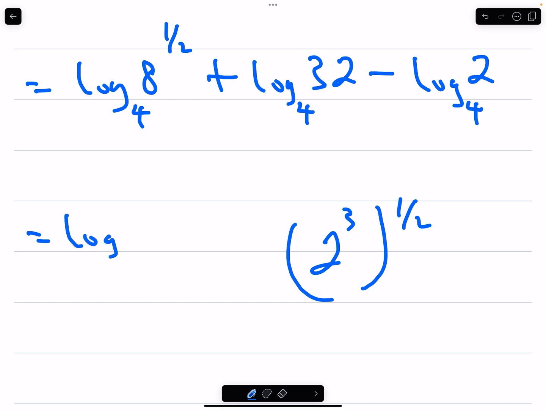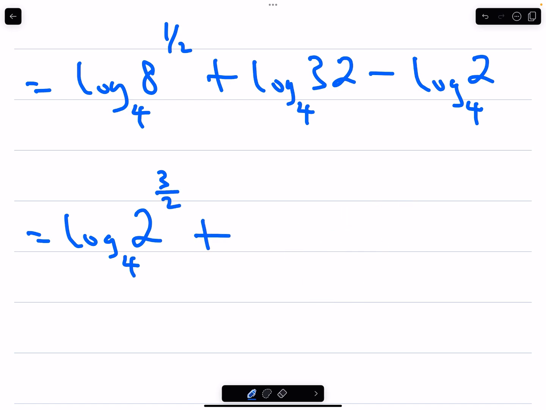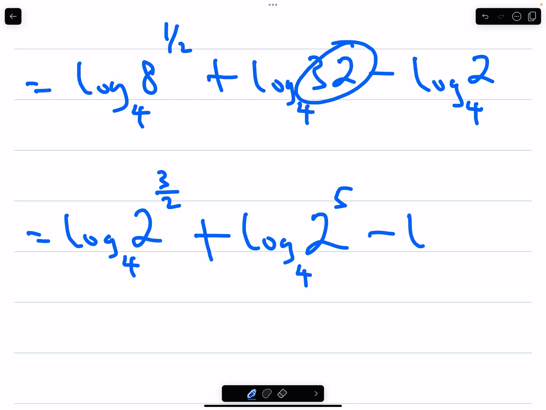So log 8 raised to the power half base 4 will now be log 2 raised to the power 3 over 2 base 4, and log 32 is 2 raised to the power 5, log 2 raised to the power 5 base 4 minus log 2 base 4.